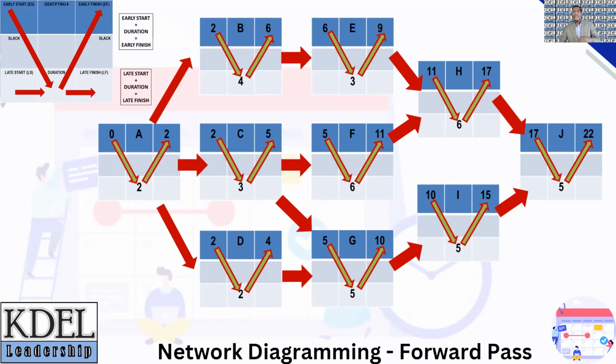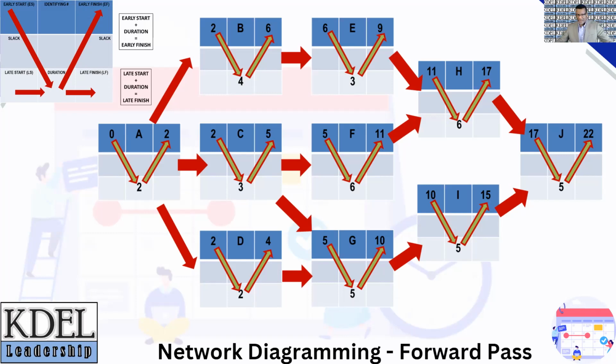In this case, because activity E is completed by the end of week 9, and activity F is completed by the end of week 11, then we're going to transfer the later completion time from activity F to activity H's early start time. This is why activity H starts on week 11 and not on week 9.